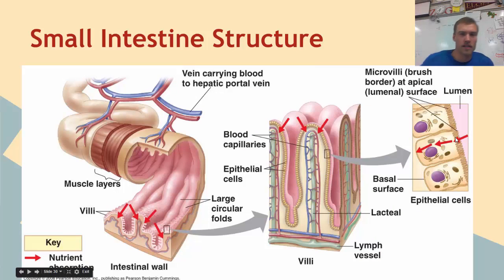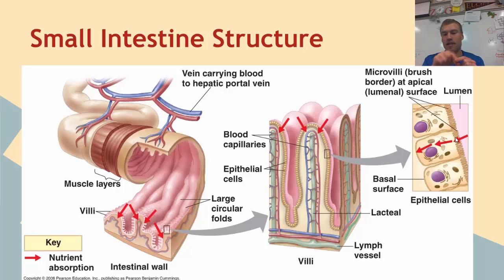Now, the structure of the small intestine is set up to help facilitate the process of absorption, and the way it does that is by increasing surface area. The small intestine is folded up, and these folds are called villi. Those folds are then covered in cells, and the cells have their own little folds in them, which are called microvilli, another term for which is the brush border.